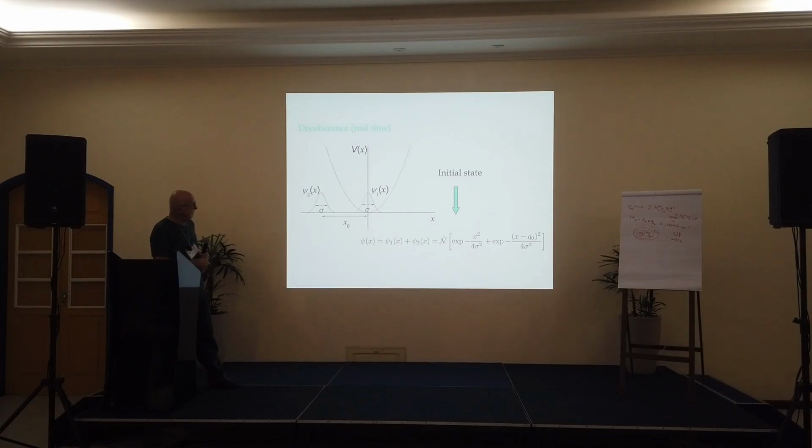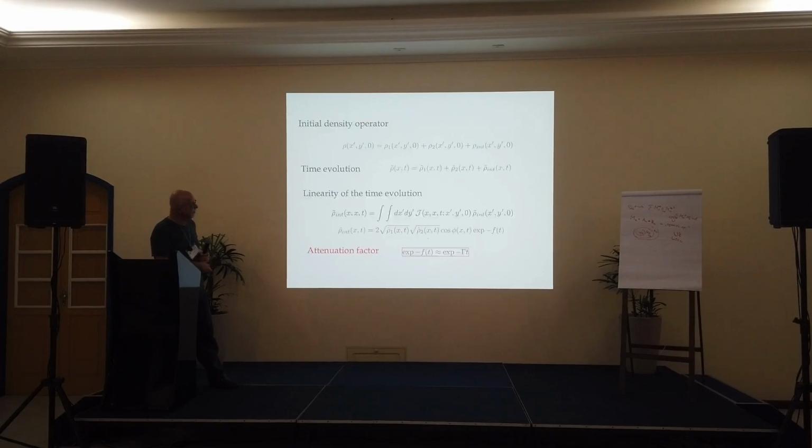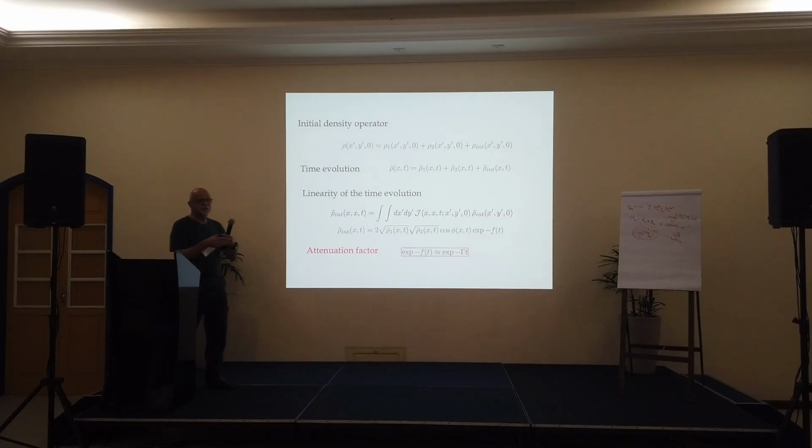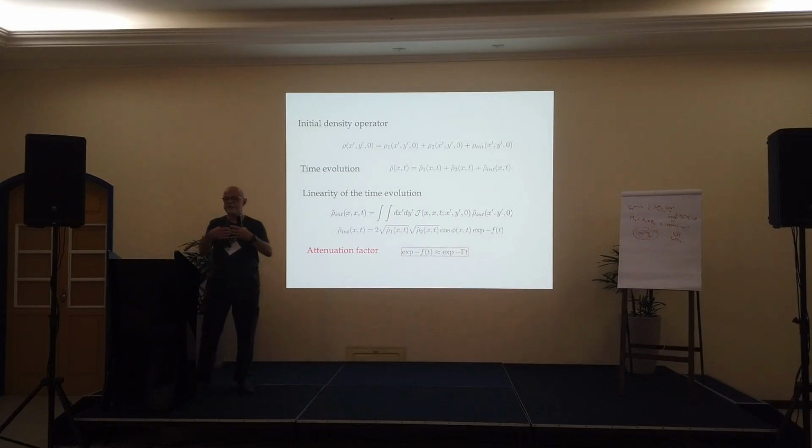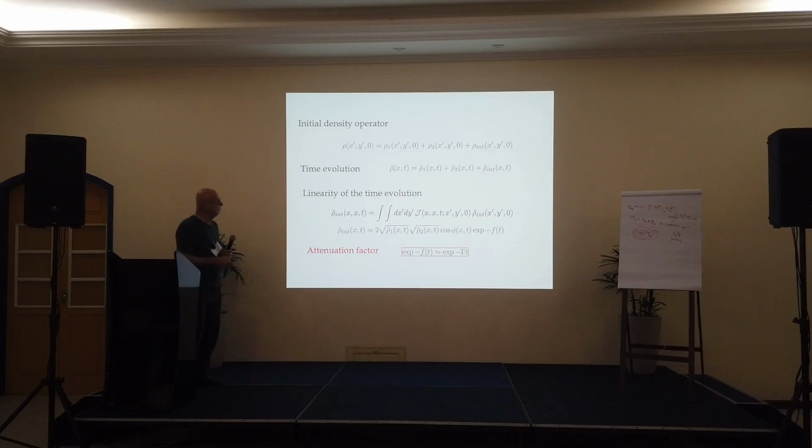So we have two displaced Gaussians. When you do that, what I have to do is make the time evolution of this reduced density operator. There is the term related to wave packet 1, the one related to wave packet 2, and then there's a sort of interference between these two wave packets. The time evolution of this system will be something like this.